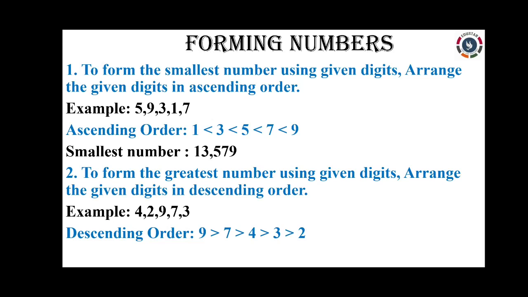In descending order, the given digits are 9, 7, 4, 3, 2. So, the greatest number is 97,432. I hope, dears, now you are all clear about forming numbers.